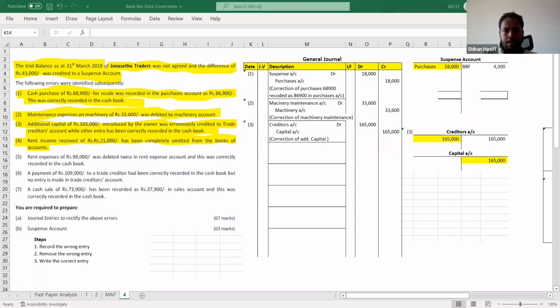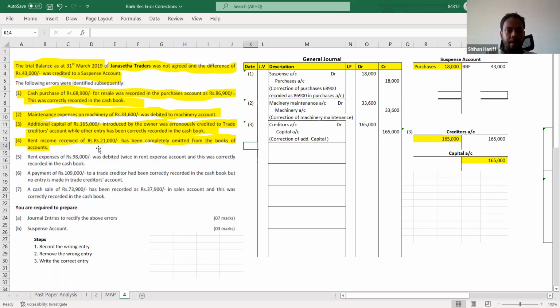Okay. This is 43,000. Number 4 is rent income received.